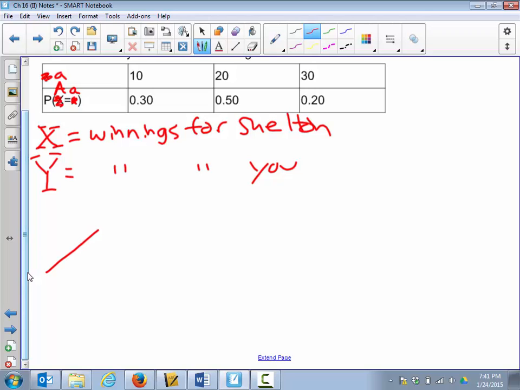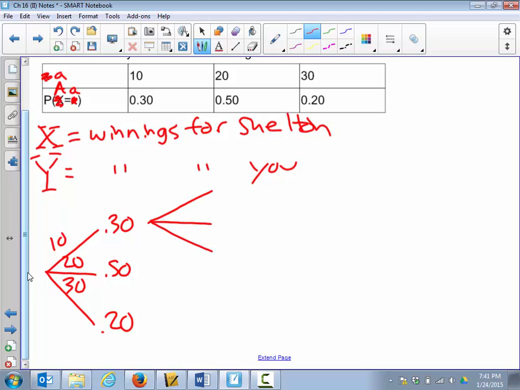All right. So what we're going to do is develop a probability tree, and I can win 10, 20, or $30 for playing with probabilities of 30, 50, or 20%. Okay, and then you would play and win 10, 20, or $30.